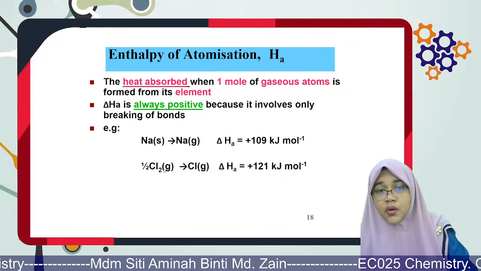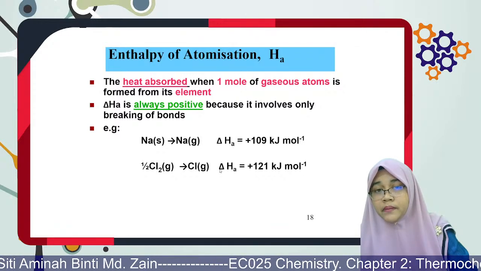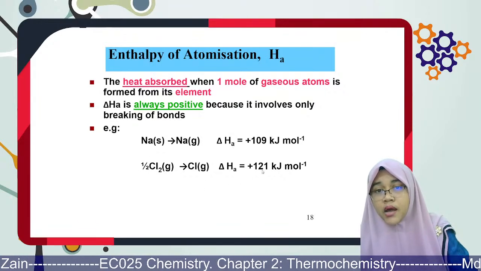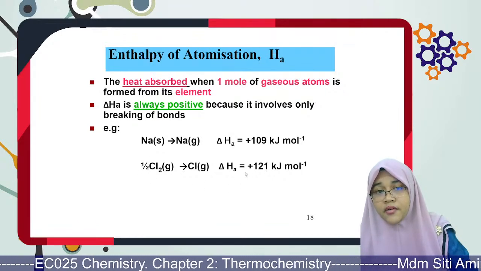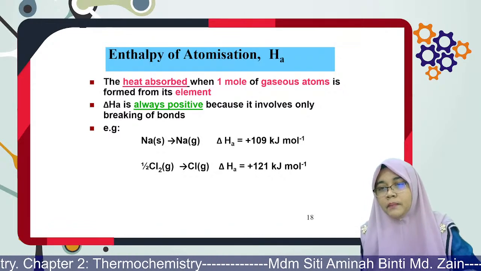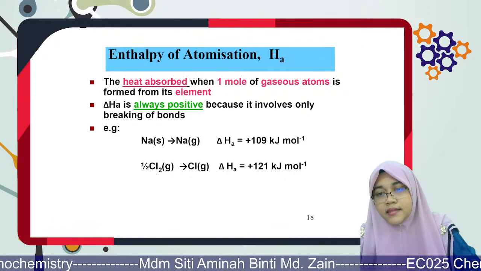So in order for the chlorine molecule to form chlorine atoms, this molecule has to absorb heat of about 121 so that the chlorine molecule will be split to become chlorine atoms, right?